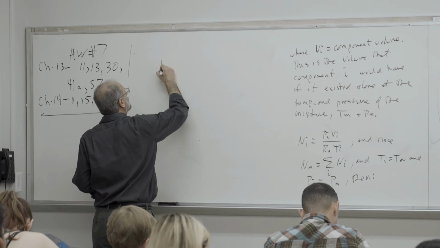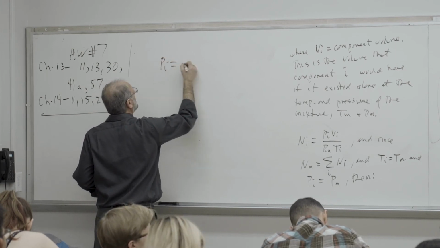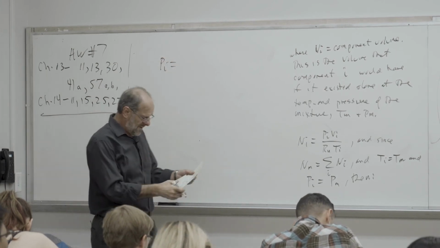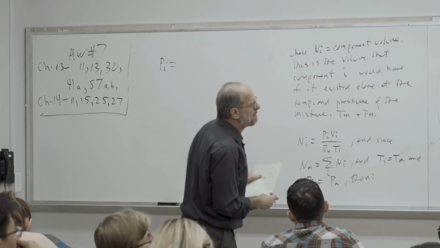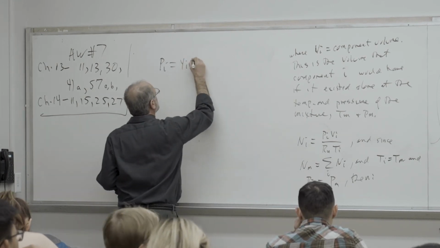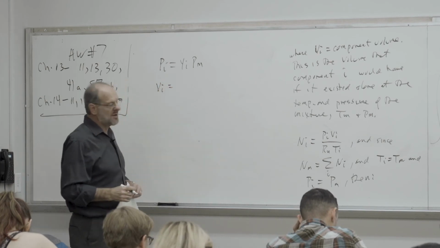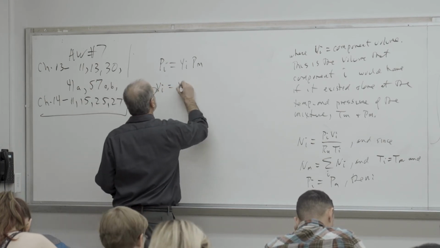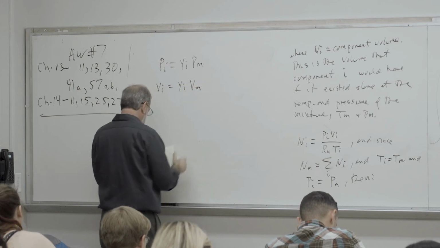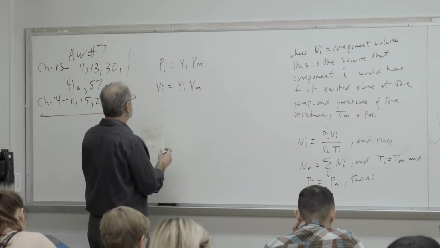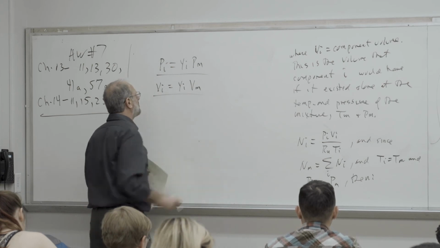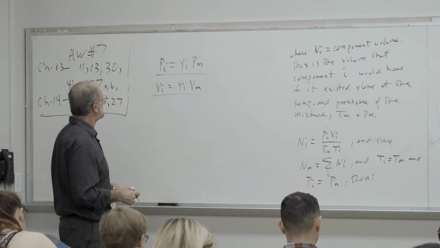And we just end up with Pi equals the mole fraction times Pm. And the component volume Vi is going to equal the mole fraction times the volume of the mixture, Vm. So these are just equations that we typically would see.